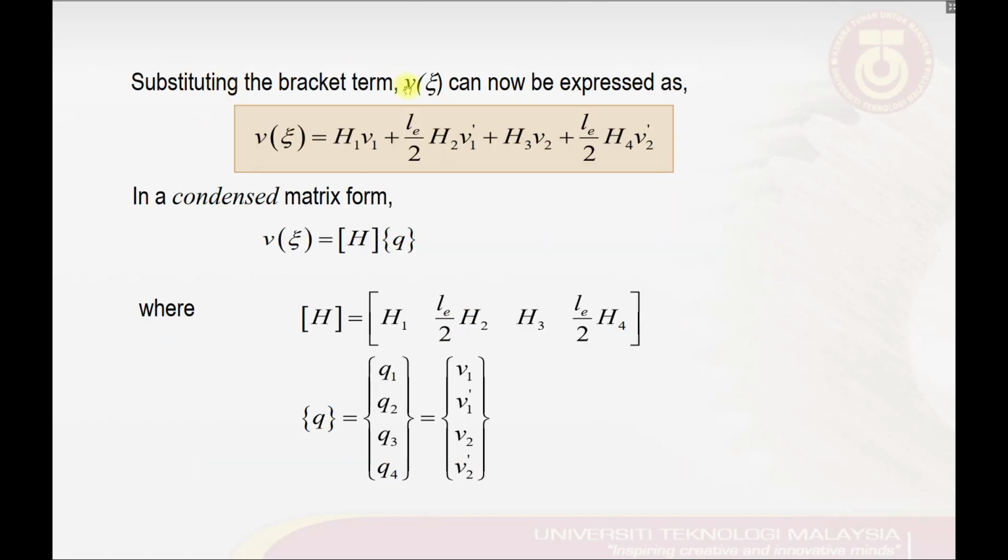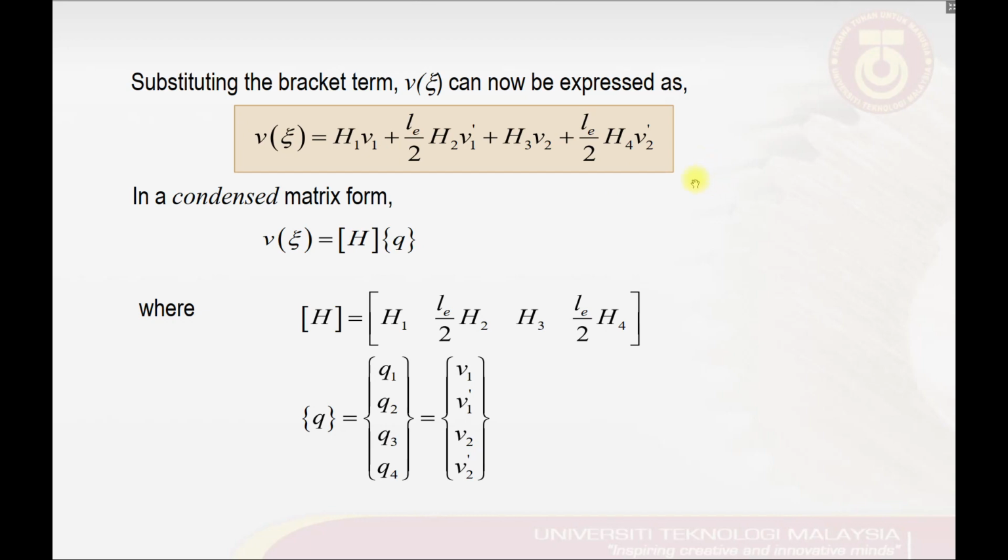Alright, so once we substitute the dv over dz by L over 2 dv over dx, then we obtain a new equation as shown on the top of this slide.